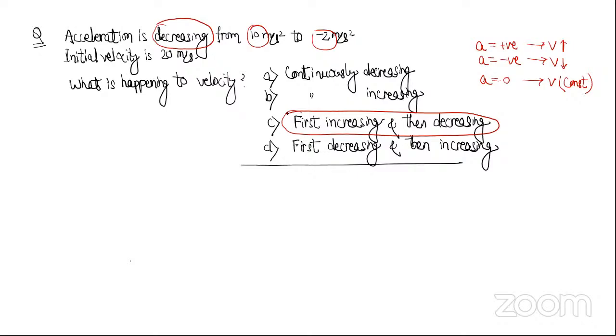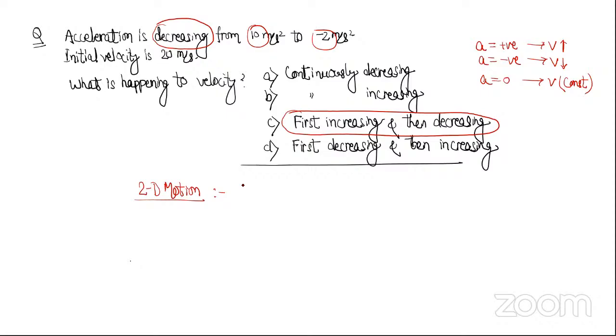Two-dimensional motion is nothing but two one-dimensional motions happening simultaneously and independently. Remember this? What is two-dimensional motion?